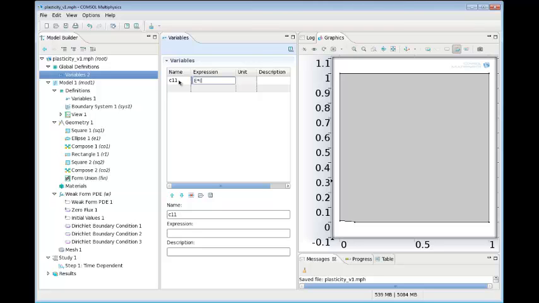C12 is E times nu divided by 1 minus nu minus 2 times nu squared. C66 is E divided by 2 divided by 1 plus nu.